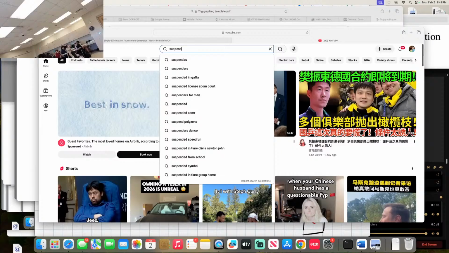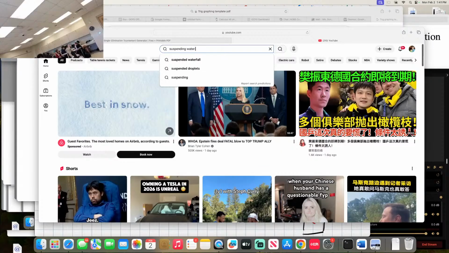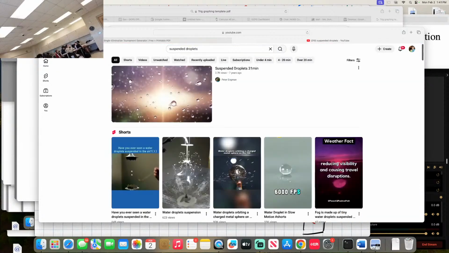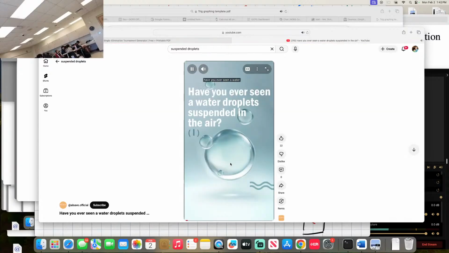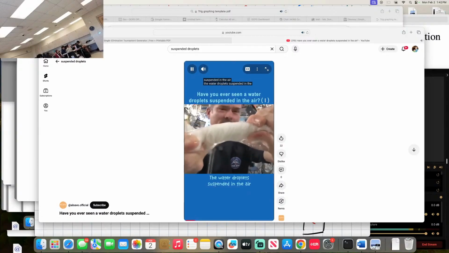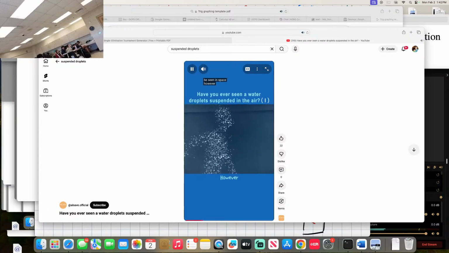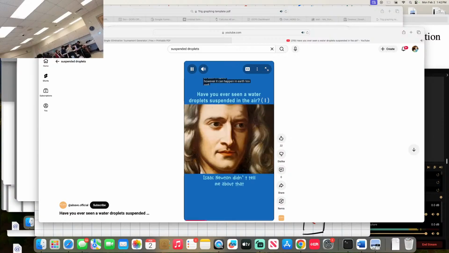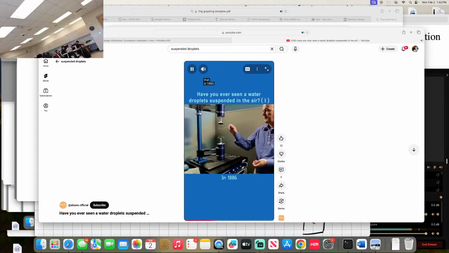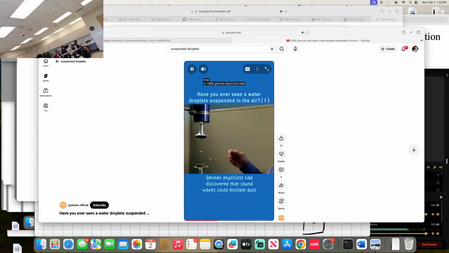Suspending water droplets. Have you ever seen water droplets suspended in the air? Water droplets suspended in the air sounds like a scene that can only be seen in space. However, it can happen on Earth too. In 1886, German physicists discovered that sound waves could levitate dust.